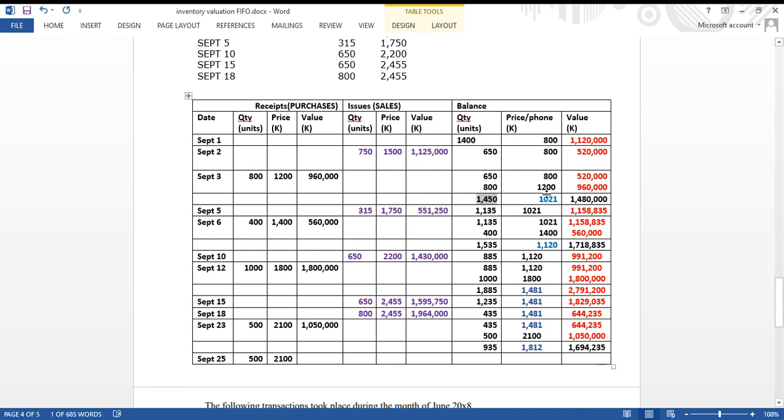It will give us 1,021. If we're looking at September 3rd, 1,480,000 divided by 1,450, you get 1,021.